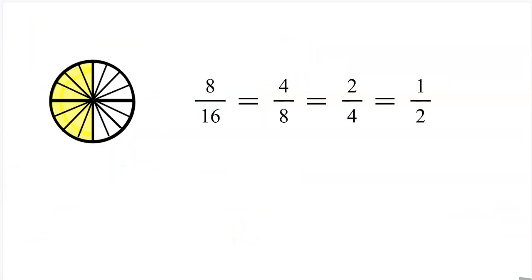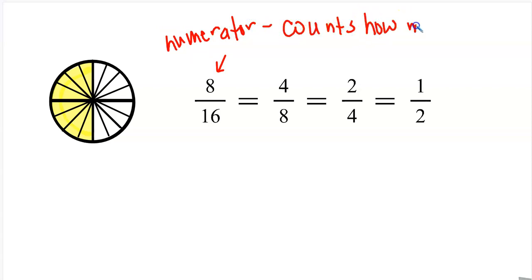Okay, so let's get to the lesson. Here's an idea that's not in your notes, but I just want to show you. If you have a fraction that says 8/16, the top number, this is the numerator, and this is what I say: the numerator counts how many, right?